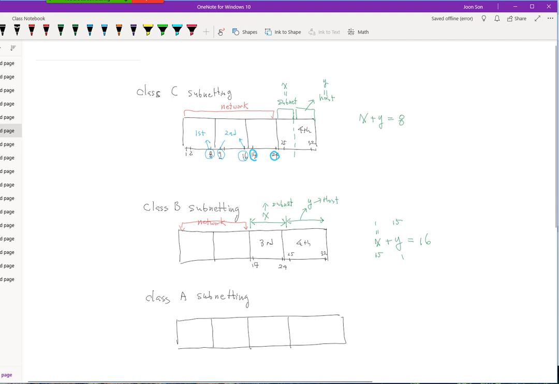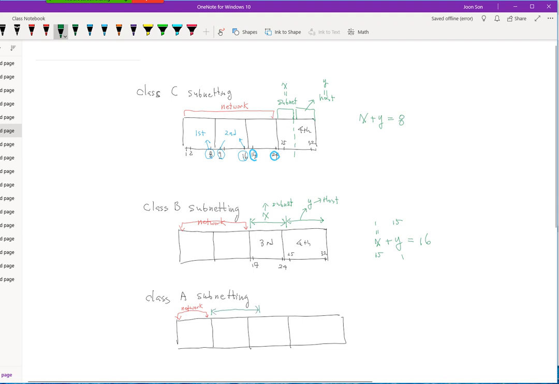For class A subnetting, the network portion is only the first portion. So this is the network portion, right? And then for the subnet portion, we don't know the length, so I'll just put it somewhere here.